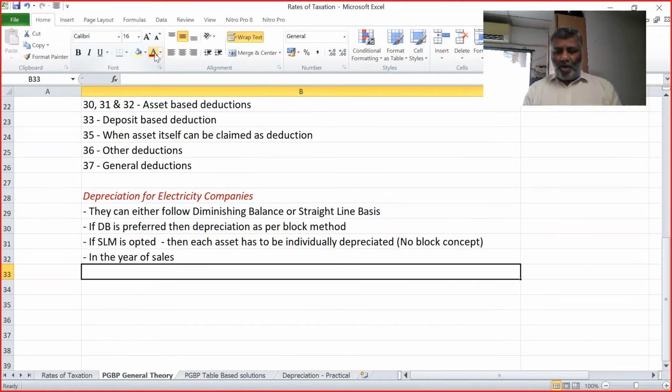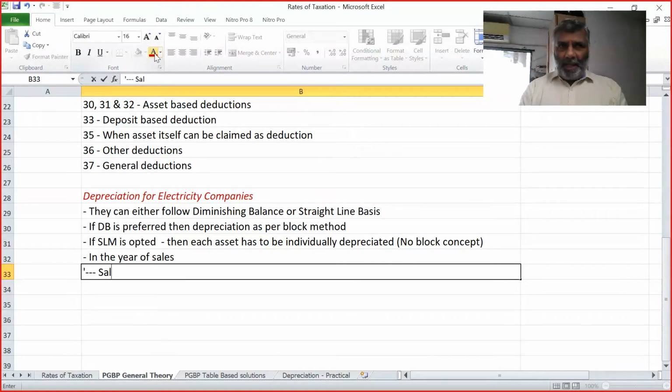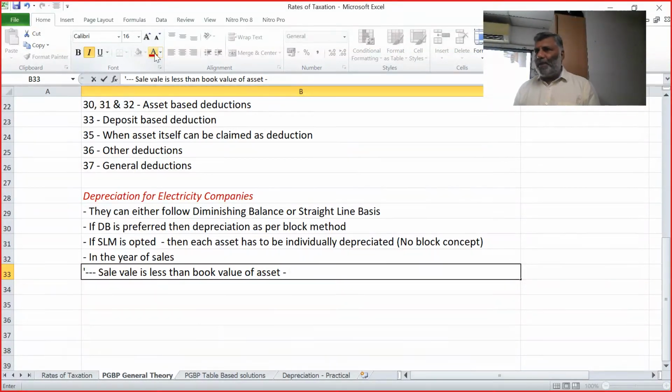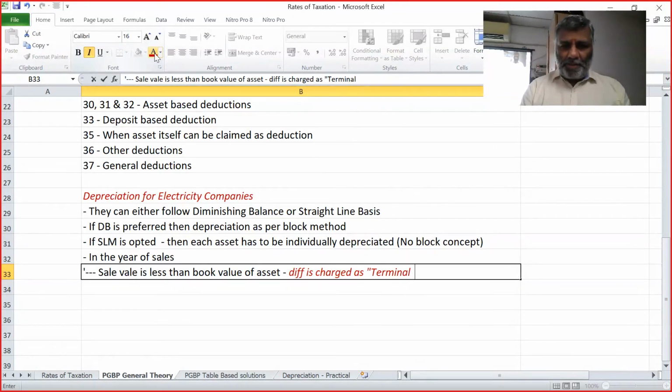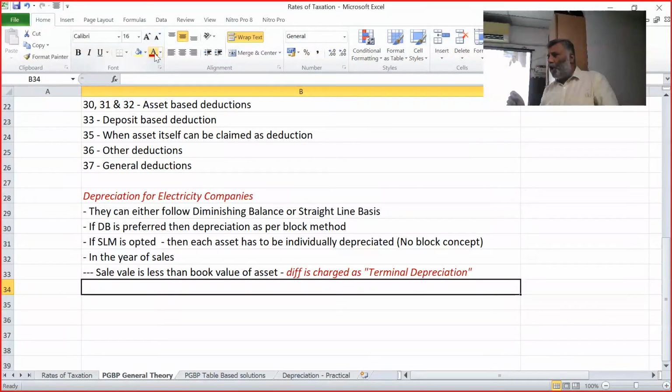In the year of sale, if the sale value is less than the book value of the asset, let us take book value 1 lakh, sale value is only 70,000, the difference will be charged off in the name of terminal depreciation.